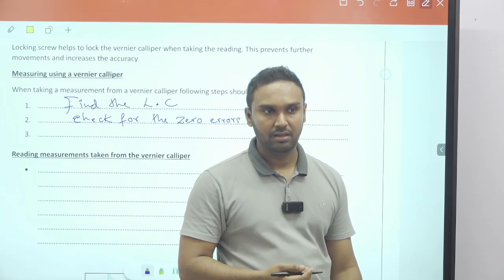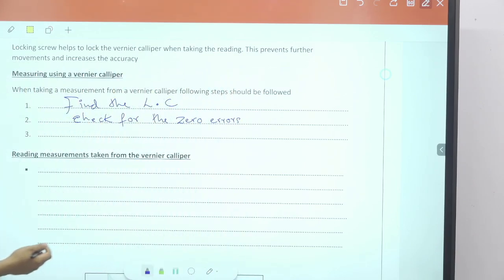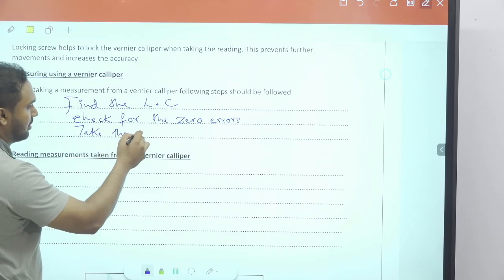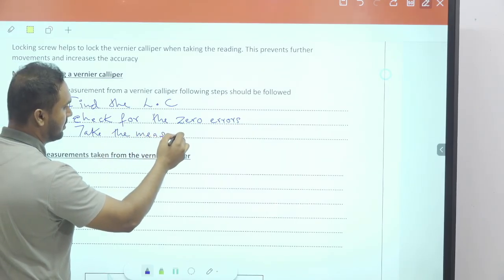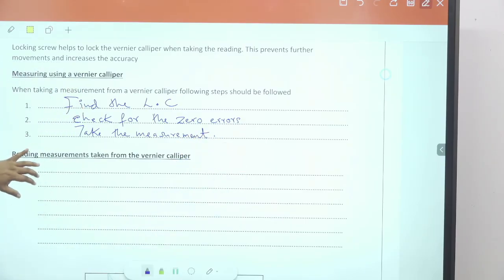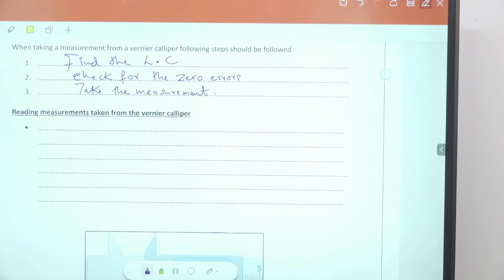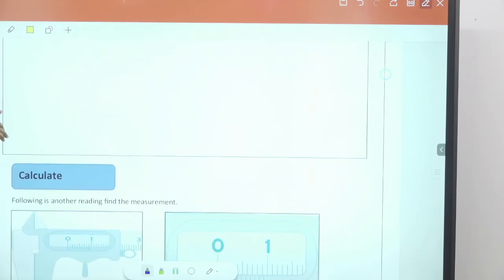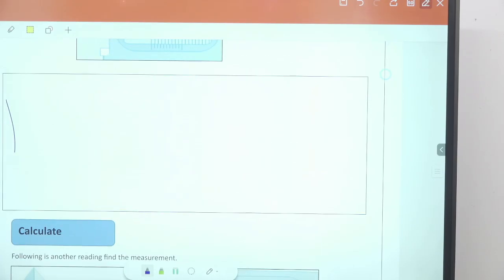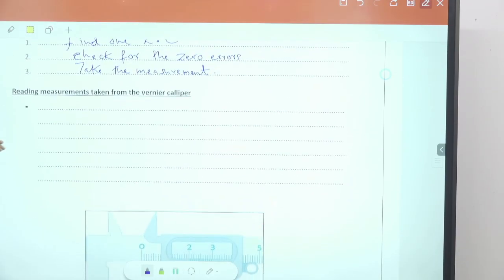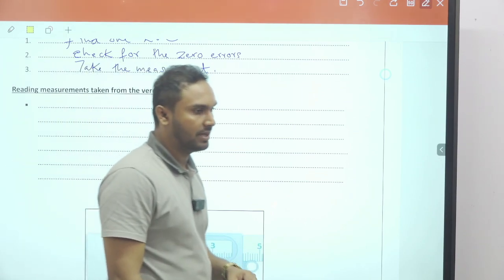You take the measurement, right? Reading measurements taken from the vernier caliper.